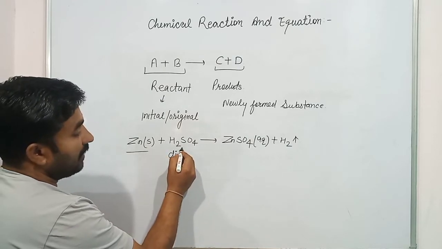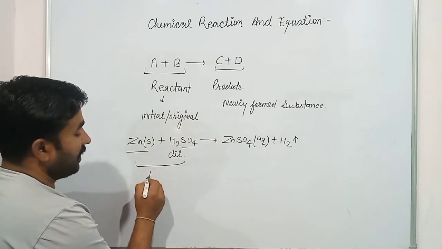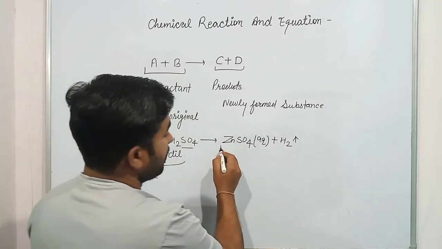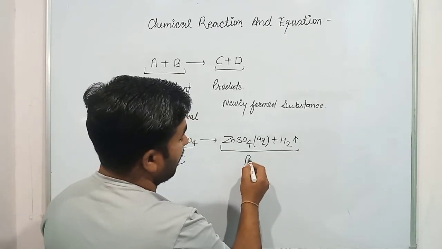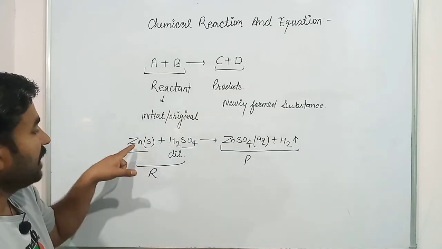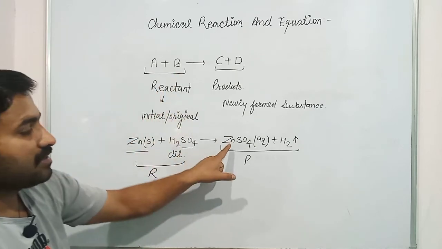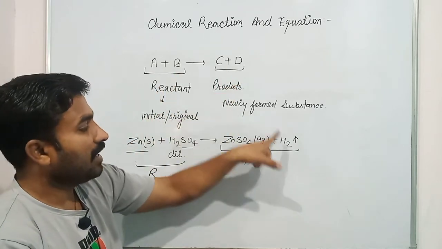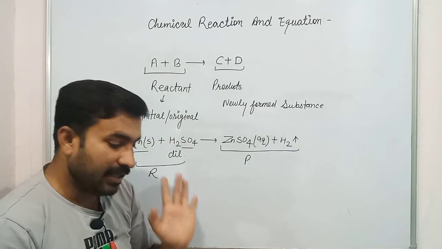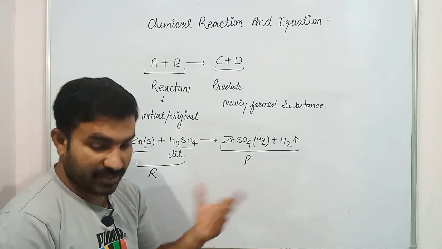Zinc and sulfuric acid, H2SO4, both are reactants, and zinc sulfate and hydrogen are the products here. We can say that Zn is A, H2SO4 is B, zinc sulfate is C, and hydrogen is D here. So this is one example of a chemical reaction.